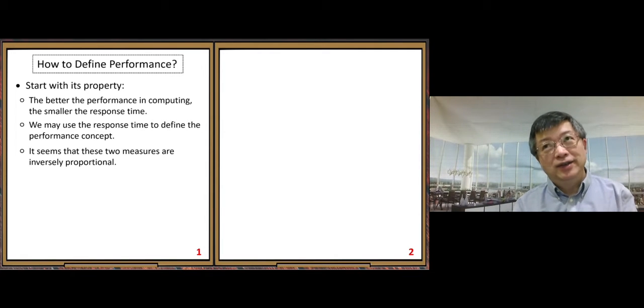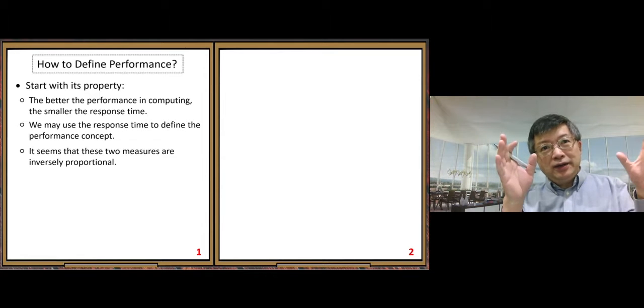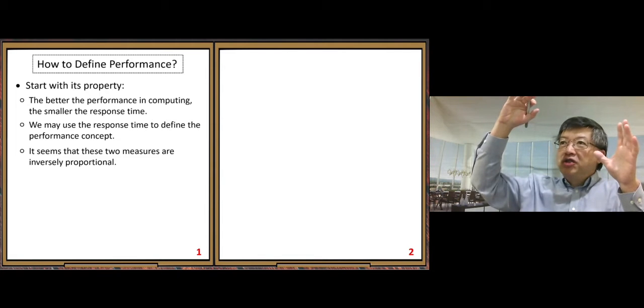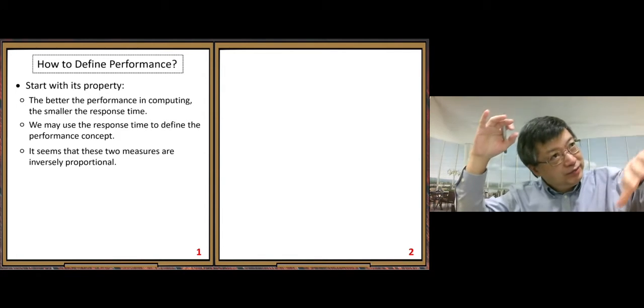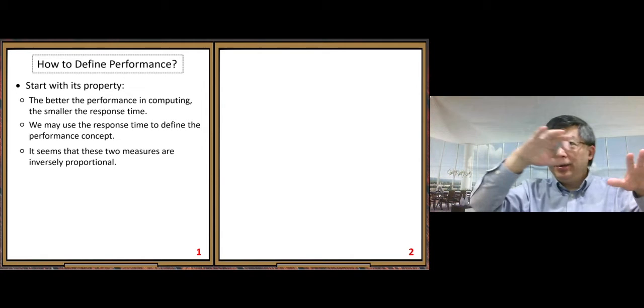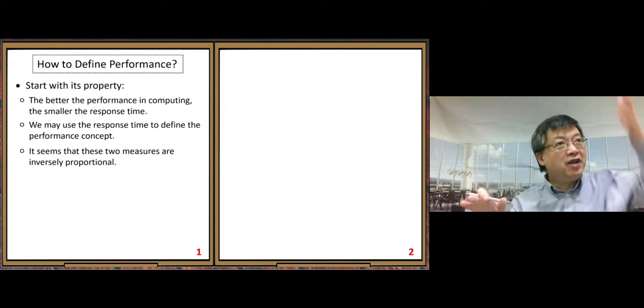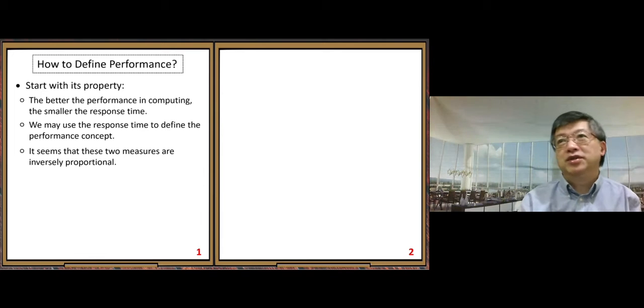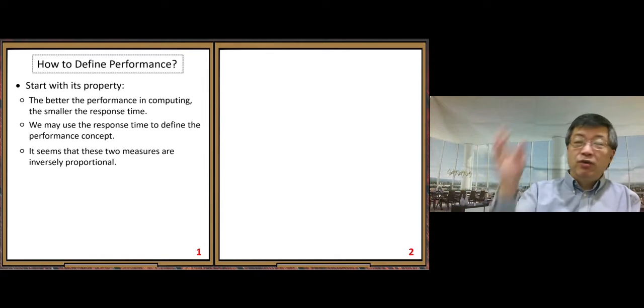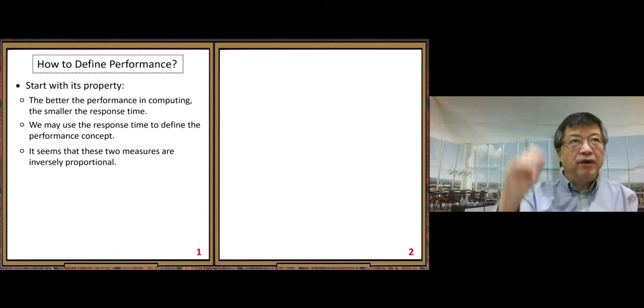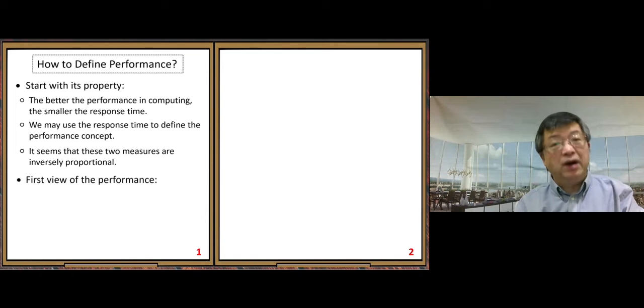Anyway, reversely proportional. So the larger the response time, the smaller the performance, or the smaller the response time, the faster the performance. So that's the relationship.